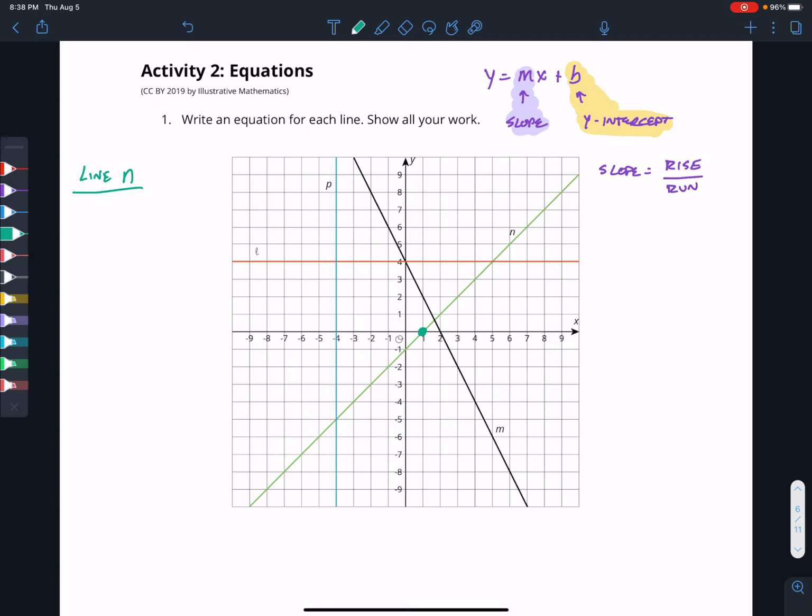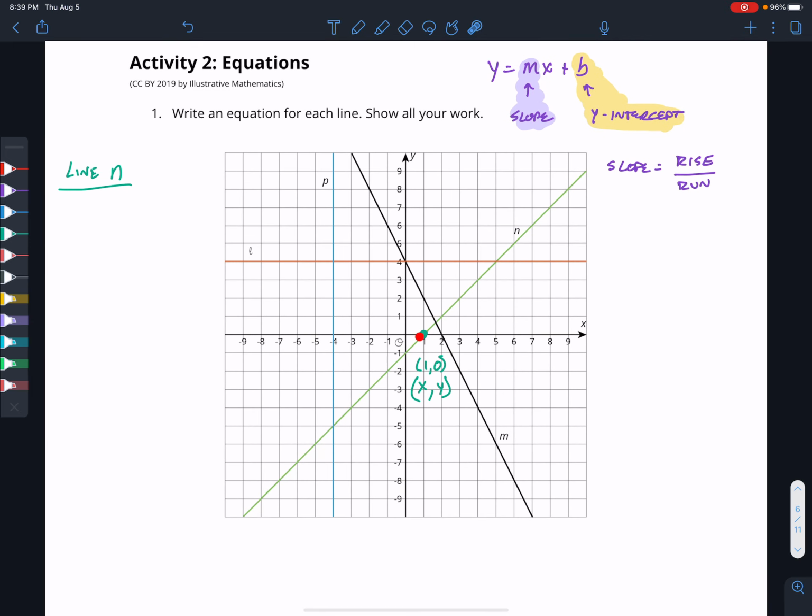And it's 1, 0 because I'm going over 1 unit, and then I'm not going up any units. And remember, with our coordinates, it's always the x first and the y second. So I move over 1 from the origin, but I don't go up or down. So it's 1 in the positive, 0 there.